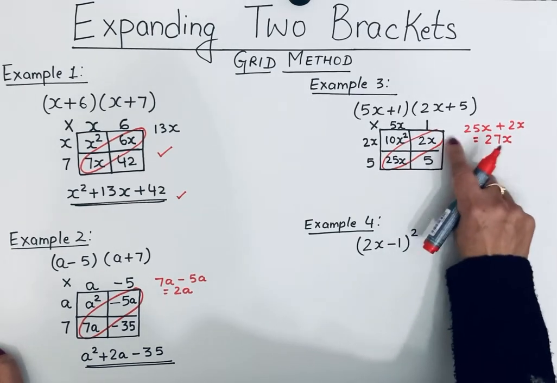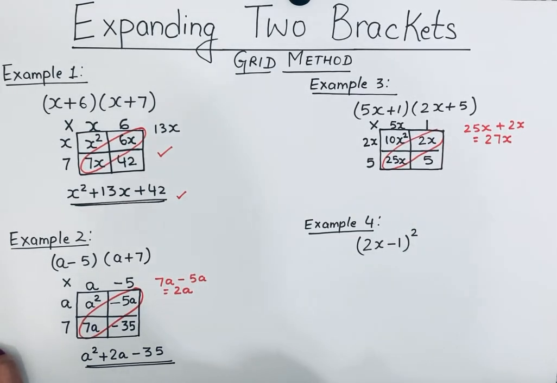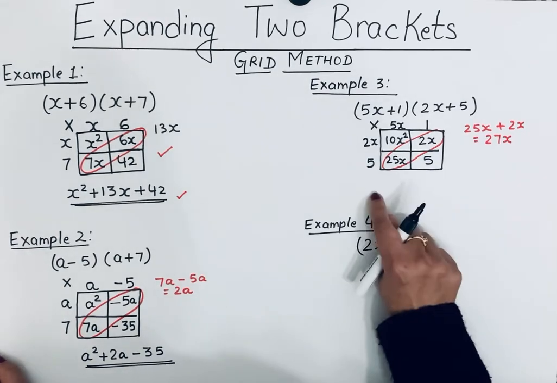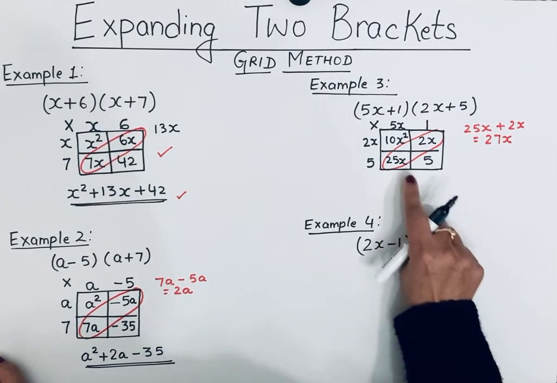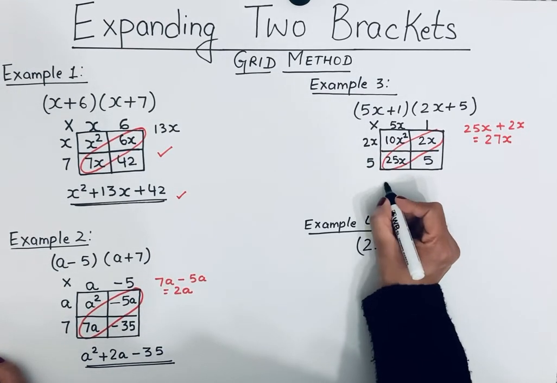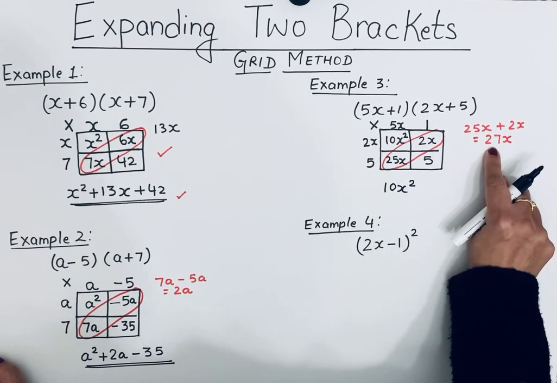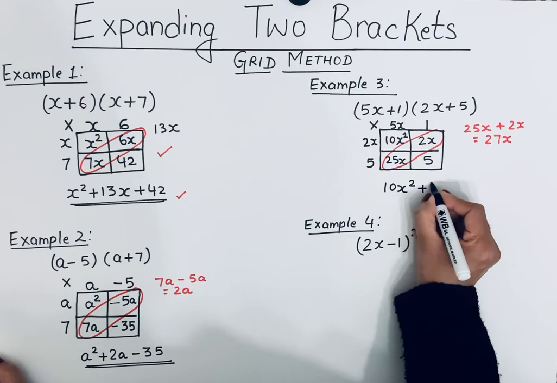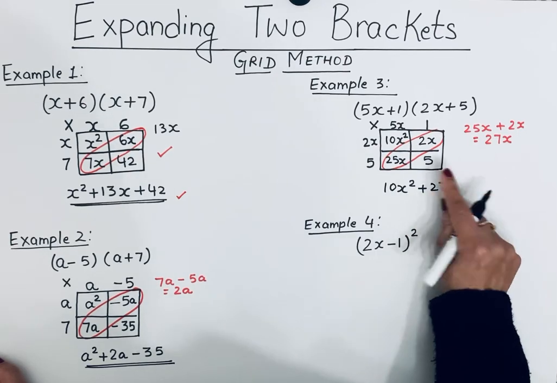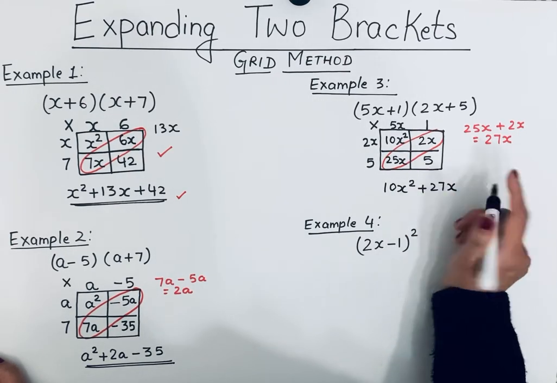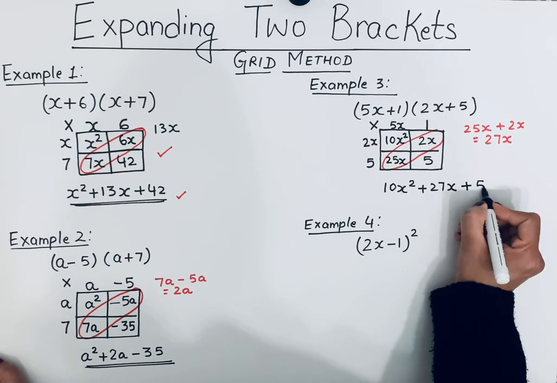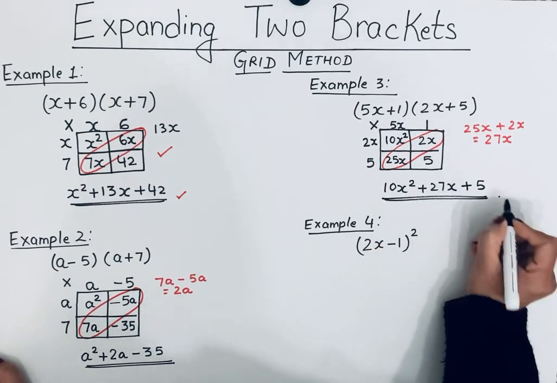So we have simplified these two. Now let's write down the final answer. Again, we're going to have three terms in our final answer. 10x squared, positive 27x, so we write down plus 27x, plus 5, because that's a positive 5. And that will be your answer.